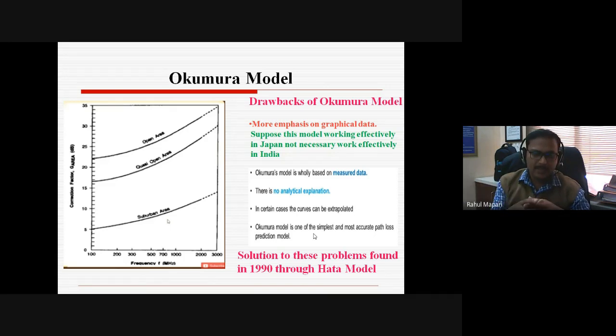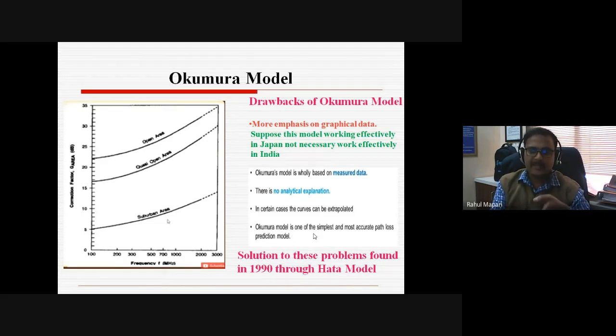That's why in 1990 Hata modified this Okumura model. Hata is the name of the scientist. He modified the model of Okumura, and that model is called the Hata model.